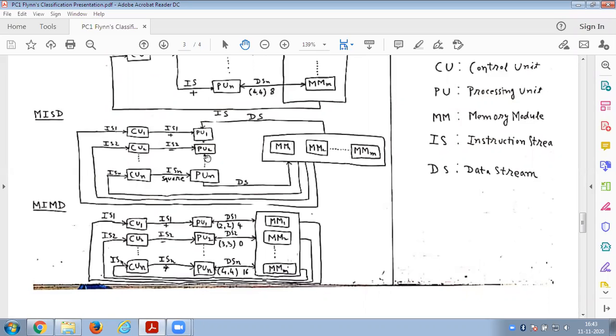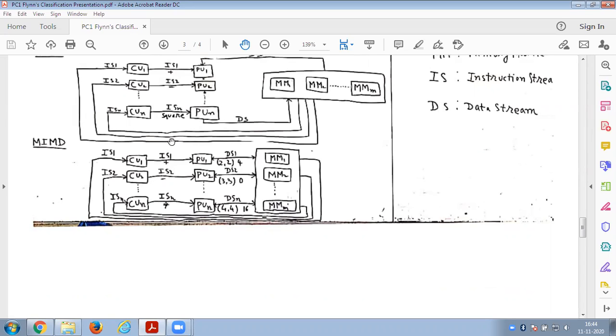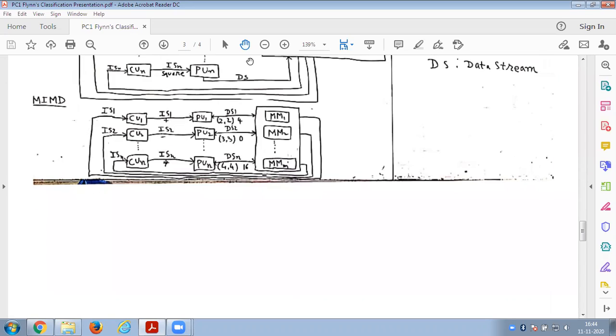Output of processing unit 2 will become input of processing unit 3. In this way, there is a pipe, and the same data is flowing and different instructions are getting performed. Then the final result will be written into the memory. This is MISD. Now coming to MIMD.